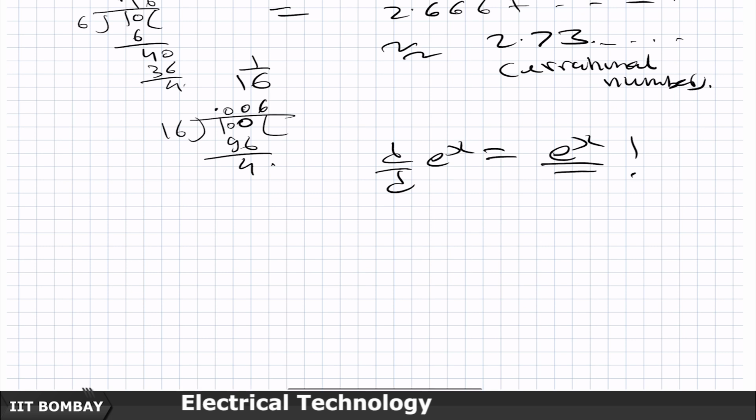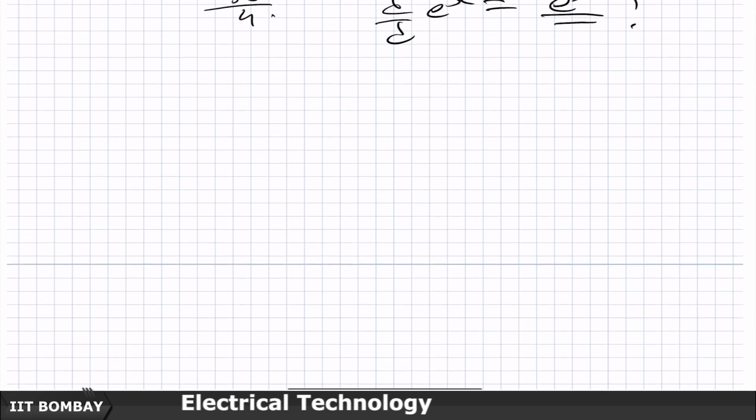We wanted a power function which met this particular requirement, and we would have been extremely lucky if we had got it as a rational number. So, we have now got some handle on this series for e to the power x.